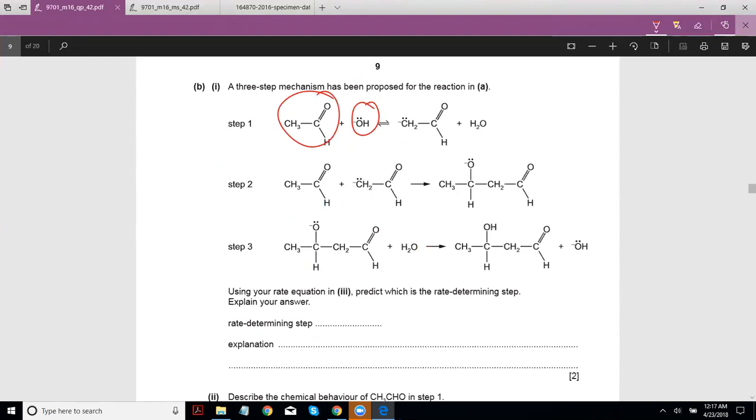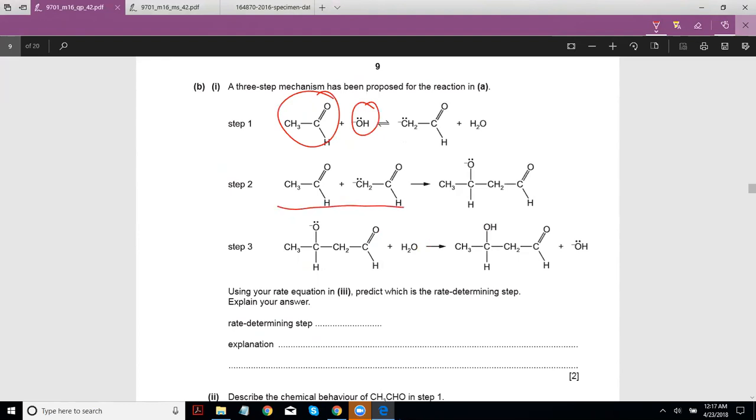More important, if we had taken step 2 as the rate determining step, we would have been using two aldehydes in the rate equation, which is not the case.